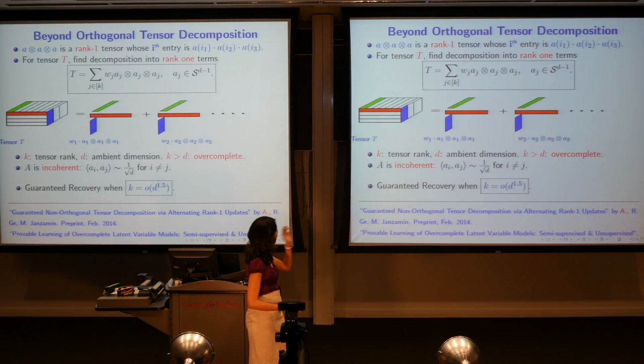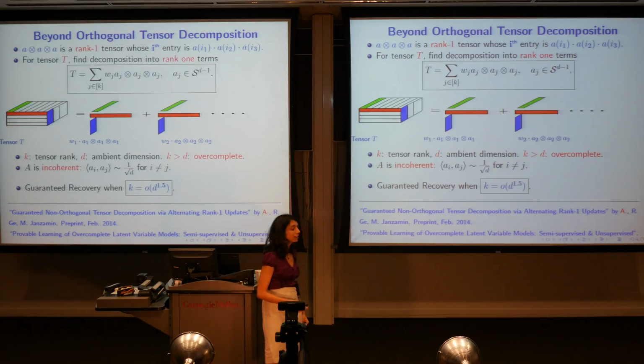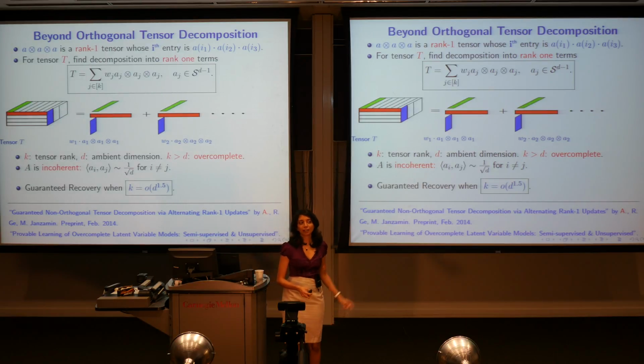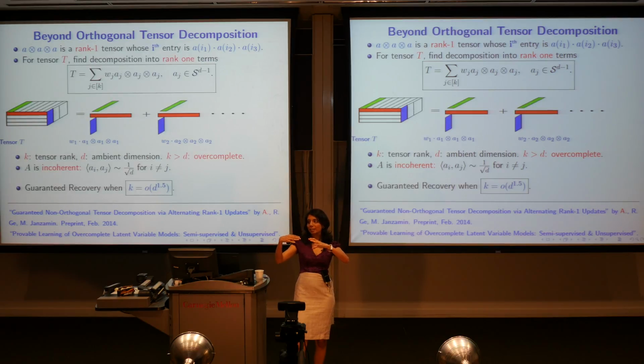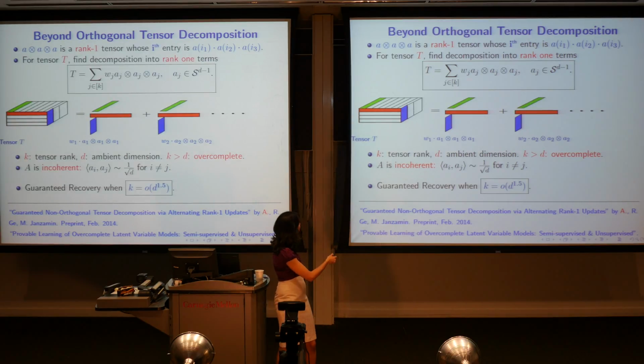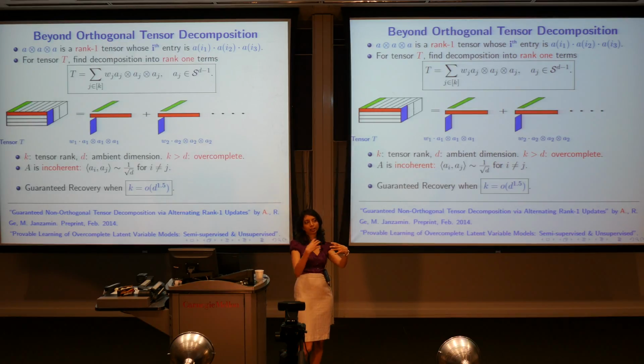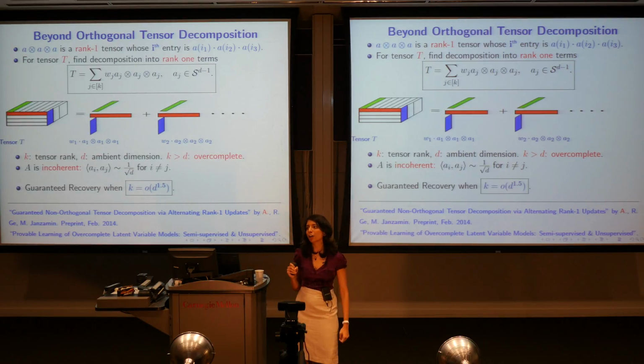I'm definitely not providing the details here. There is an analysis of local convergence, meaning if I initialize close to one of these components, where would I converge, and how can I analyze this local convergence. The other is global convergence, and there the story is a bit more unsatisfying because currently we still don't have polynomial time.